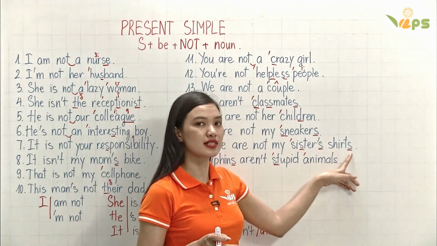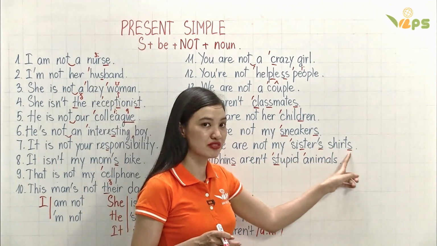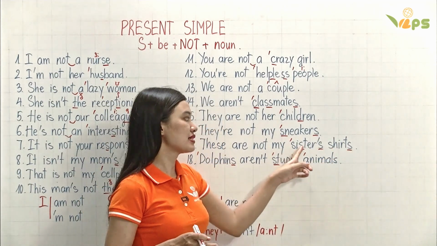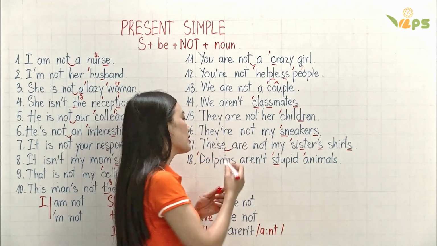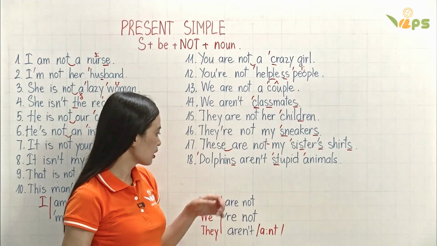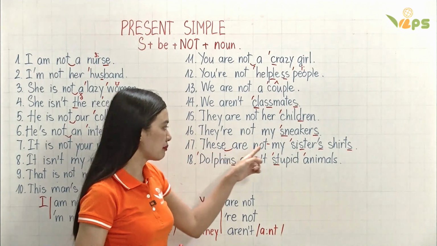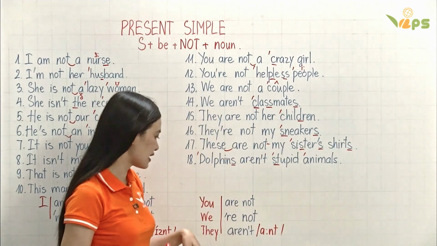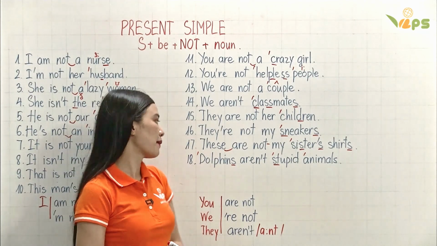Sisters, shirts, okay? These, so plural noun, shirts, we have to add s here. My sister's shirts. These are, you can link them together. These are not my sister's shirts. 18.